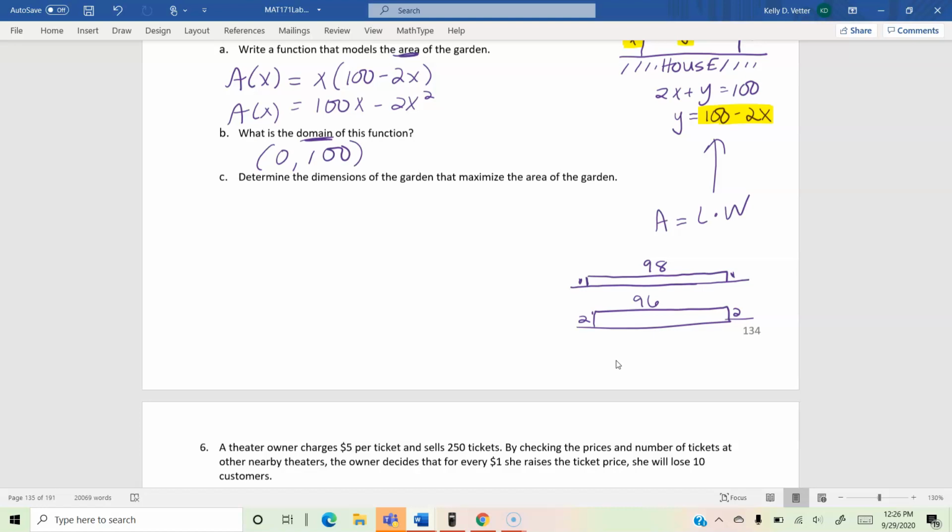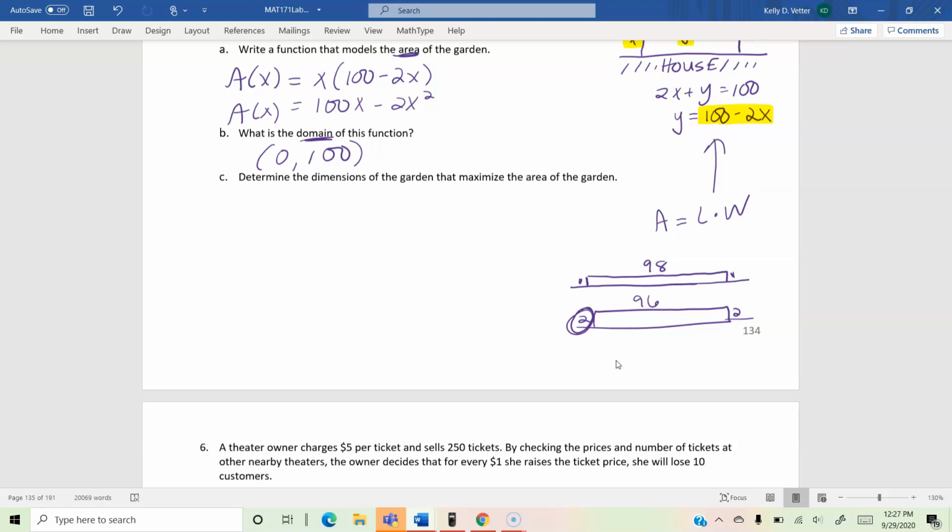Now she can't actually use 100, she can just go up to 100, because if she uses all 100 for this side here, we're going to have a problem, as you've used too much on that side.